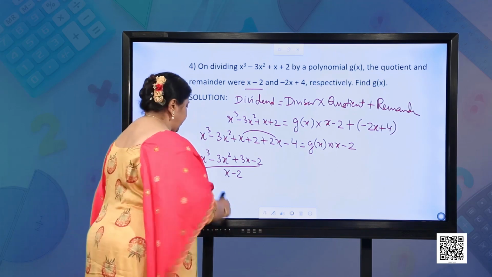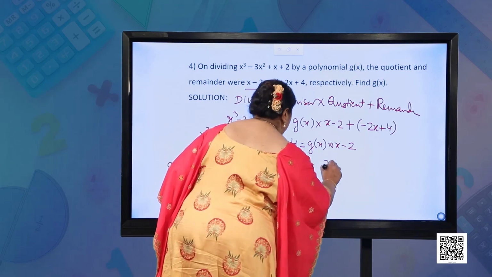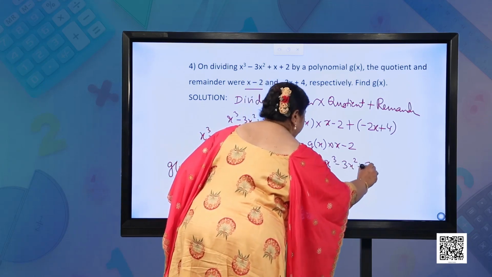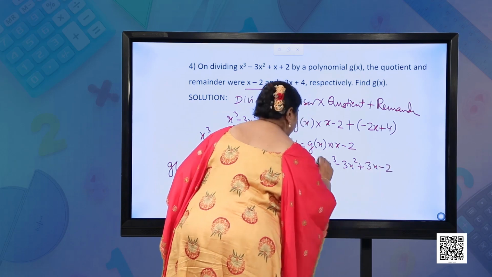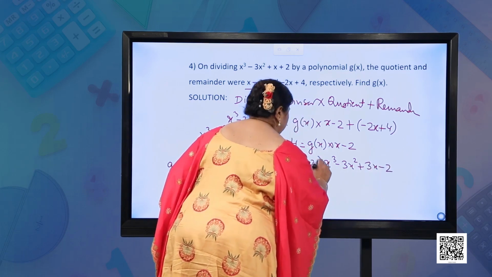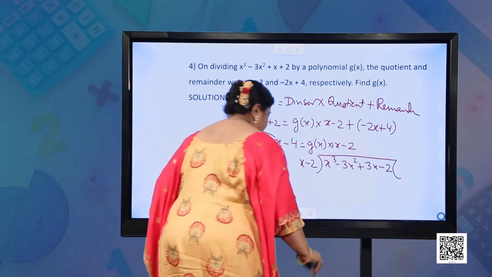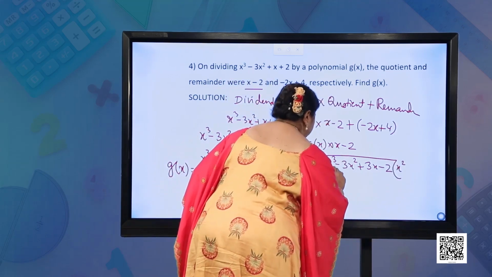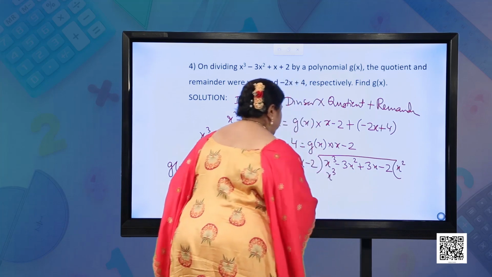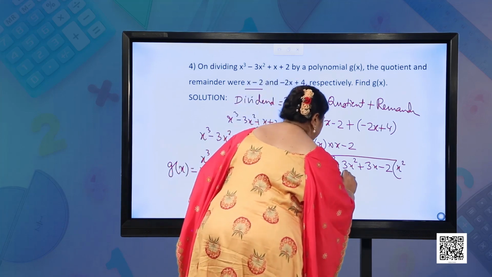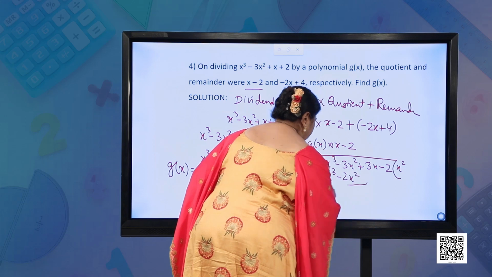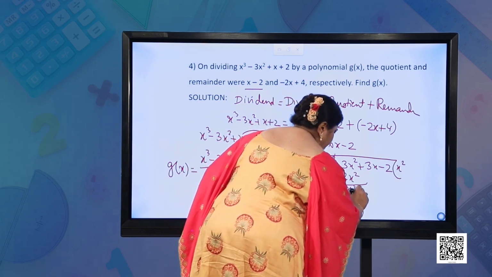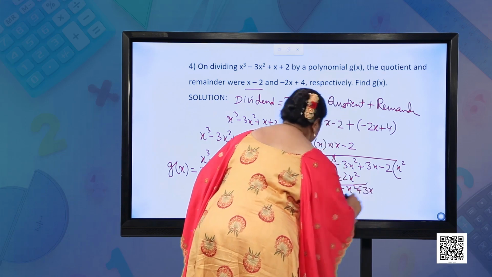All right. Now, let us do the division process. I have x cube minus 3x square plus 3x minus 2. If I divide by x minus 2, with what I need to multiply? Yes, you are right, it is x square. I get x cube minus 2x square. On subtracting, I get minus x square plus 3x.